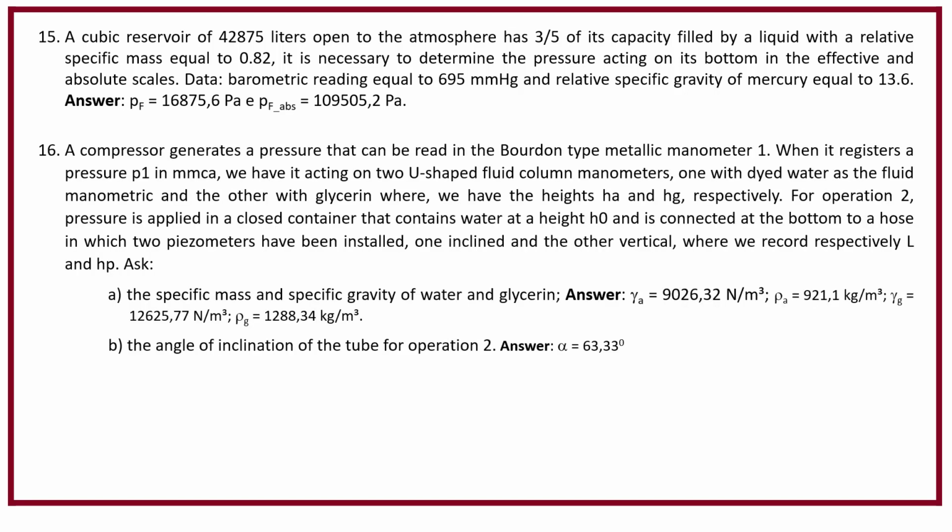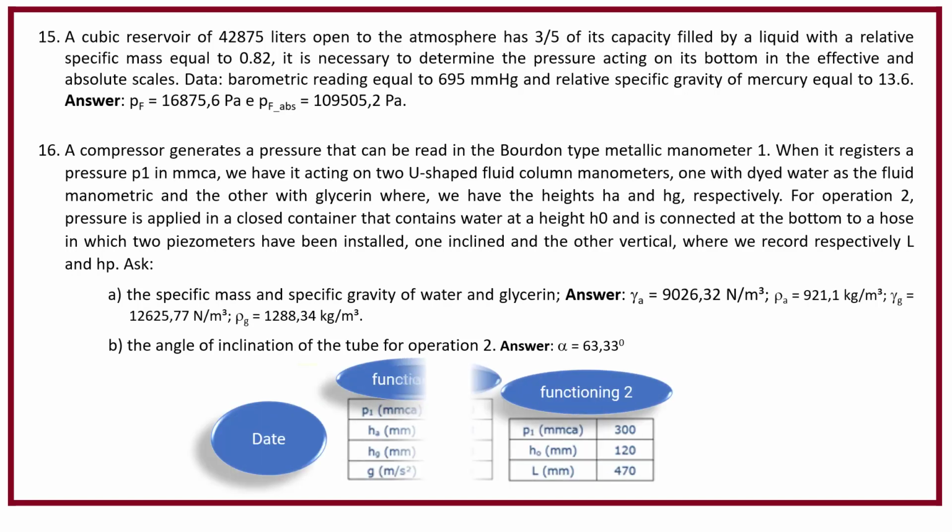16. A compressor generates a pressure that can be read in the Bourdon-type metallic manometer 1. When it registers a pressure P1 in mmCA, we have it acting on two U-shaped fluid column manometers, one with dyed water as the manometric fluid and the other with glycerin, where we have the heights HA and Hg, respectively.